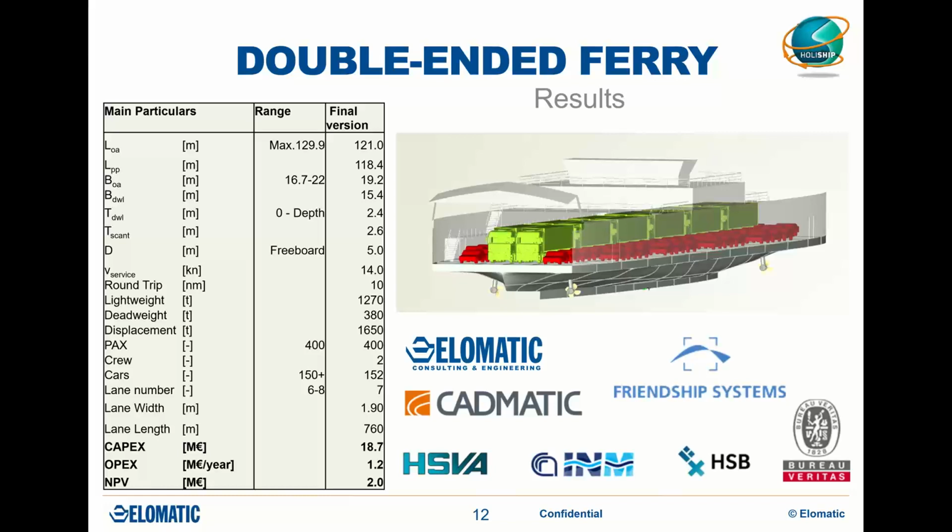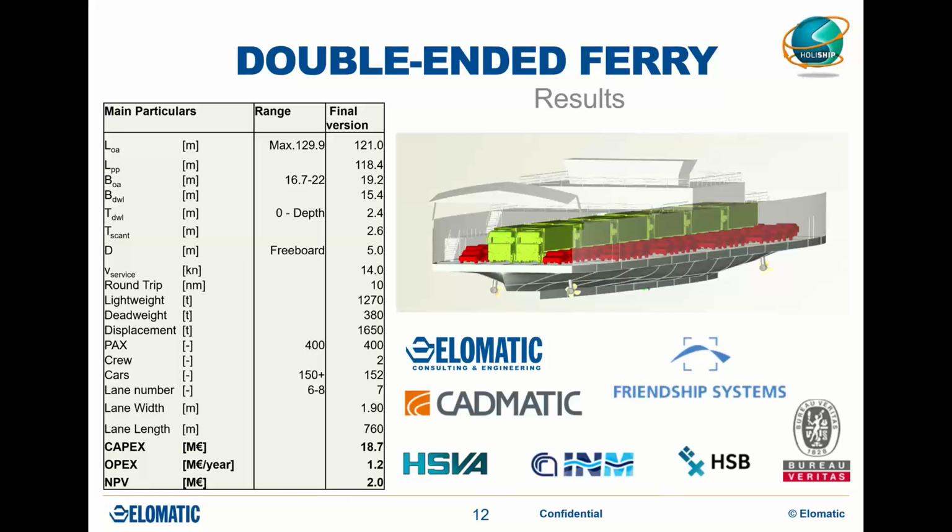And as I mentioned before, our main target was to optimize the net present value, which is based on capital expenditure, operational expenditure, and the income that we get from cars and trucks.